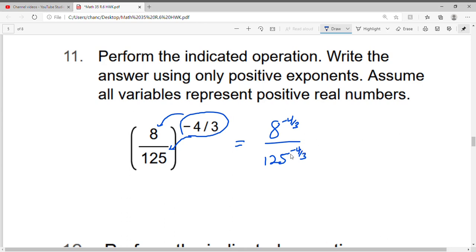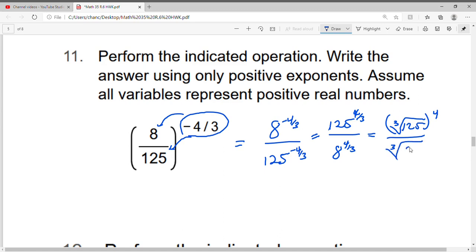Now notice that these exponents are negative. That means I can bring the 8 to the 4/3 to the denominator to make it positive, and we could also bring the 125 to the numerator and make that exponent positive 4/3. This is equivalent to the cube root of 125 raised to the 4th over the cube root of 8 raised to the 4th.